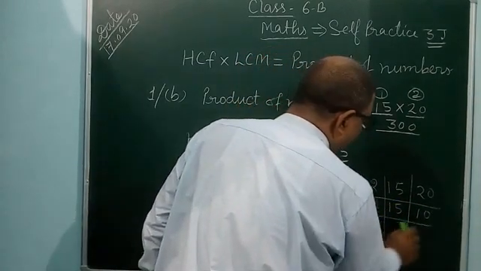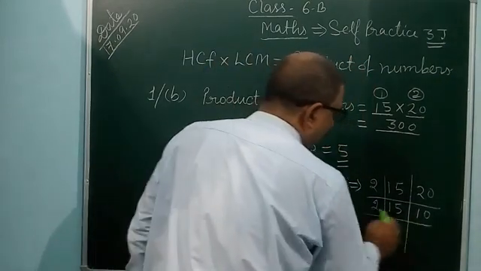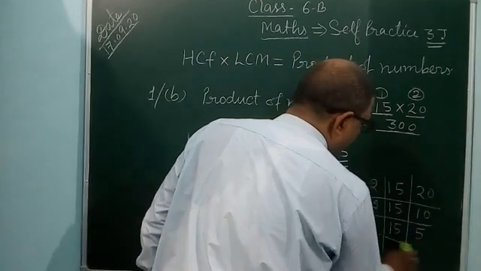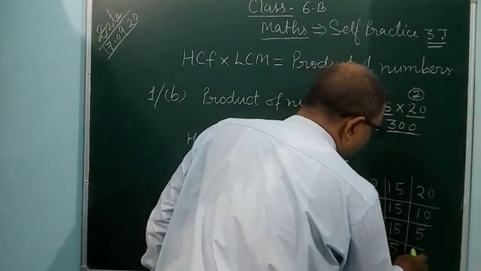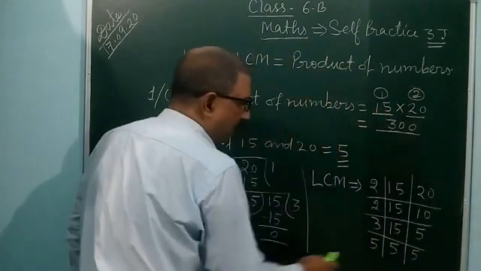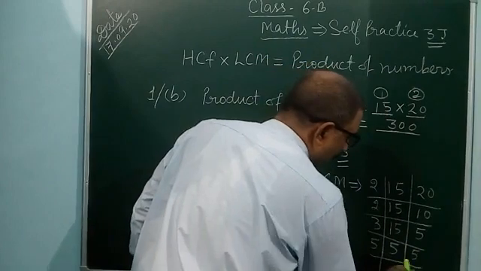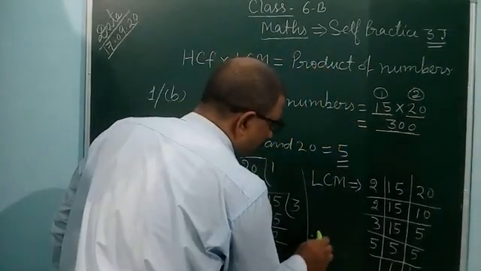By 2 again you can divide; 15 is not divided by 2, you write it as it is, and 2 times 5 is 10. After that, by 3 you can divide; 3 times 5 is 15, and 5 cannot be divisible by 3. At last you can divide by 5. 5 times 1 is 5, 5 times 1 is 5. After that you can find out the LCM.